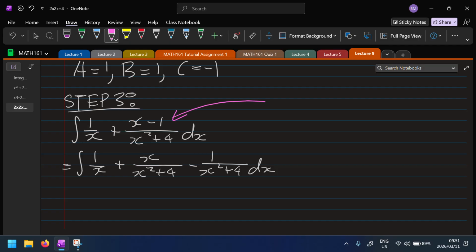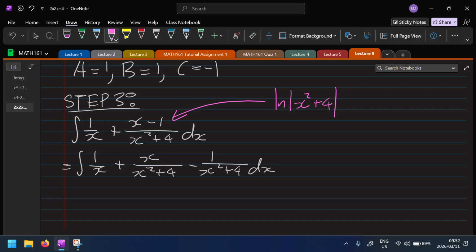There's no guarantee it will happen this year, but the students saw that x minus 1 over x squared plus 4, and then this just became the natural log of x squared plus 4. I saw that in so many of the exams last year, because they ignored the top part, they saw the bottom part, and they just put natural log. Okay, but if you split it up, now we can clearly see what to do for each of them.